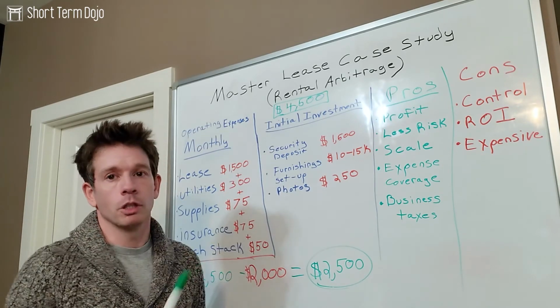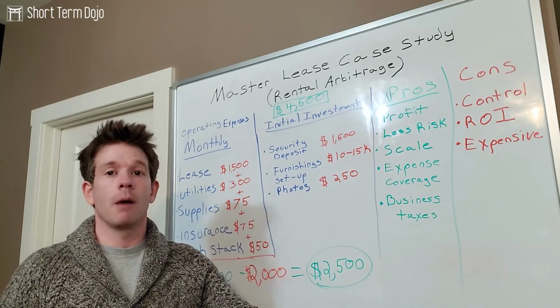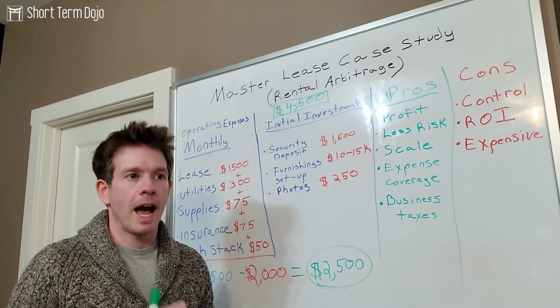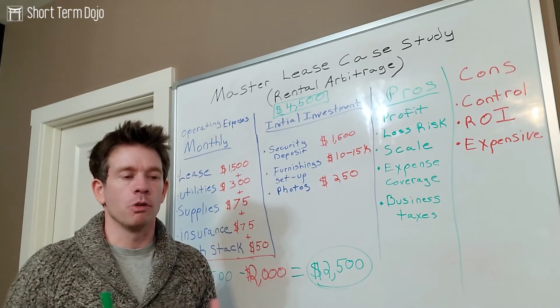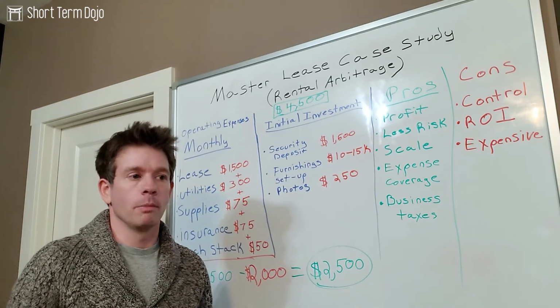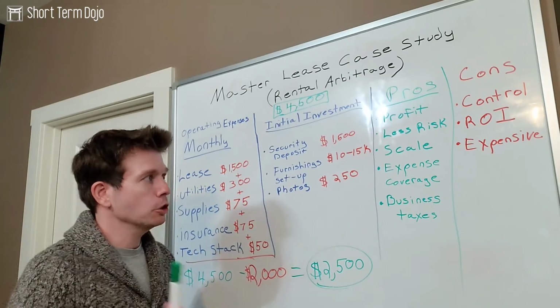So if all of a sudden you could do Airbnb and now you're not, what are you going to do with this asset, especially now that you're obligated to the lease? So there absolutely is risk, but if you had to exit this property, you're not stuck flat out owning the asset with nothing you can do with it other than maybe turning it into a long-term rental or selling it. Okay, so just keep that in mind.